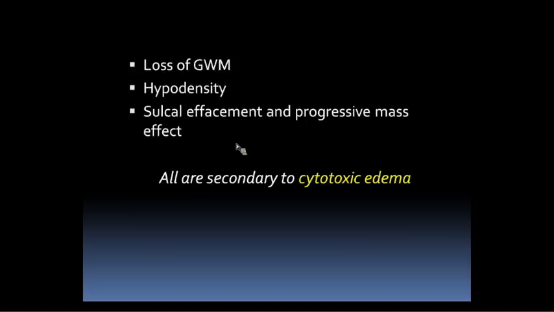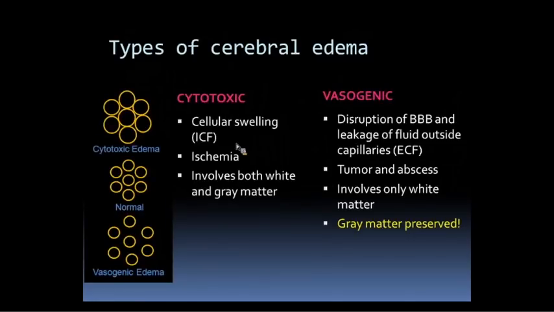And so, really when we look at CTs and MRIs, there are two types of cerebral edema that we try to differentiate between. So one is cytotoxic, and the other is vasogenic. So when we're talking about stroke, we're talking about cytotoxic edema, and the underlying pathology is that the Na-K pump for the cells is not working, and basically there's passive accumulation of fluid into the cell.